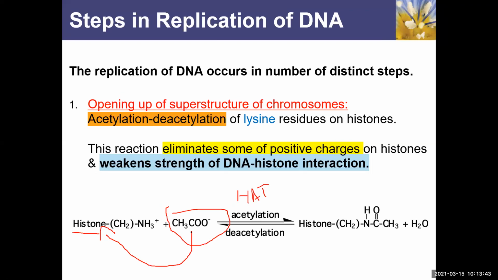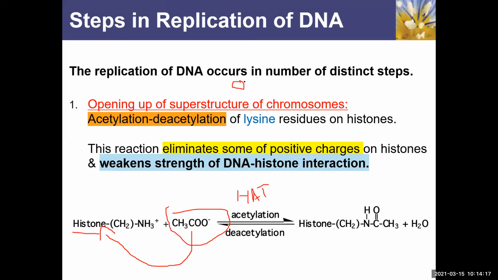It removes some of the positive charge of the histone. As you remove the positive charge, the histone and DNA are going to separate from each other, because unlike charges attract each other. So when you remove the positive charge from the histones, it will decrease the interaction of the histone with the negatively charged DNA.